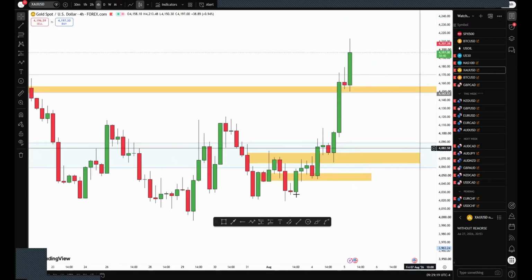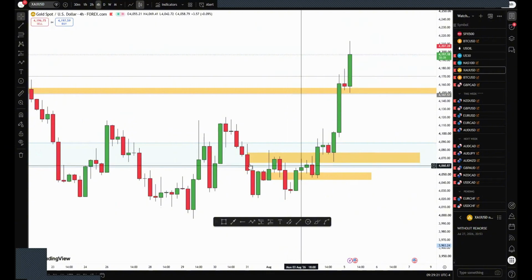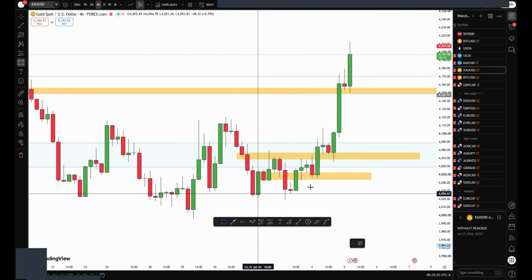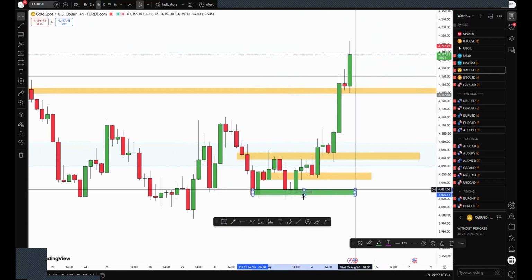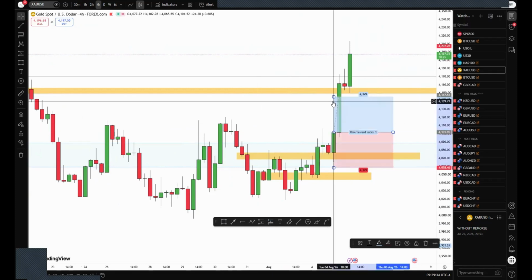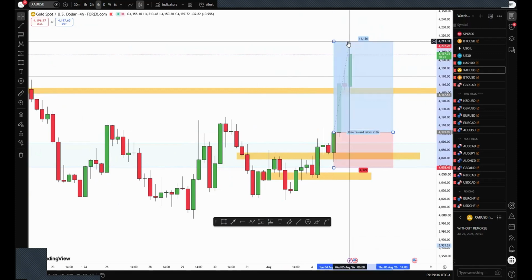If this was bearish, then it shifted. Maybe this would have been a trade for me, but the fact that it didn't close below this level, I let it be.